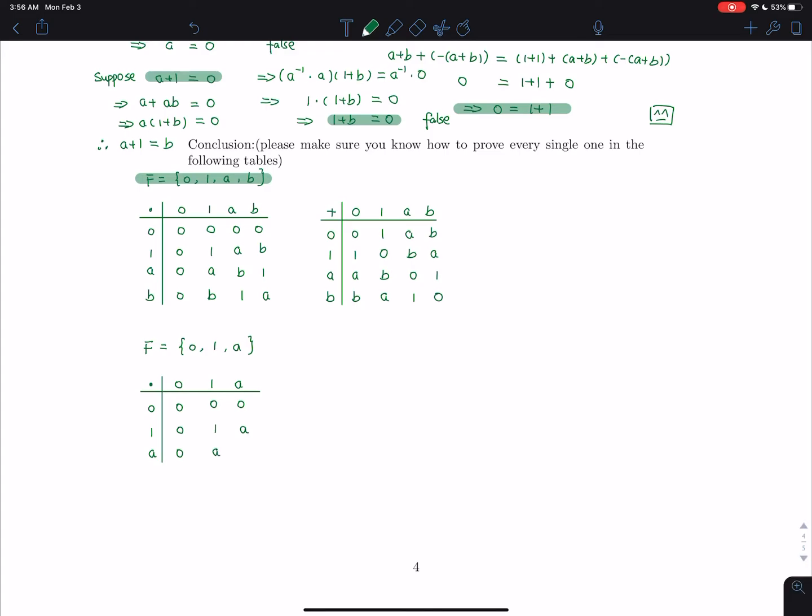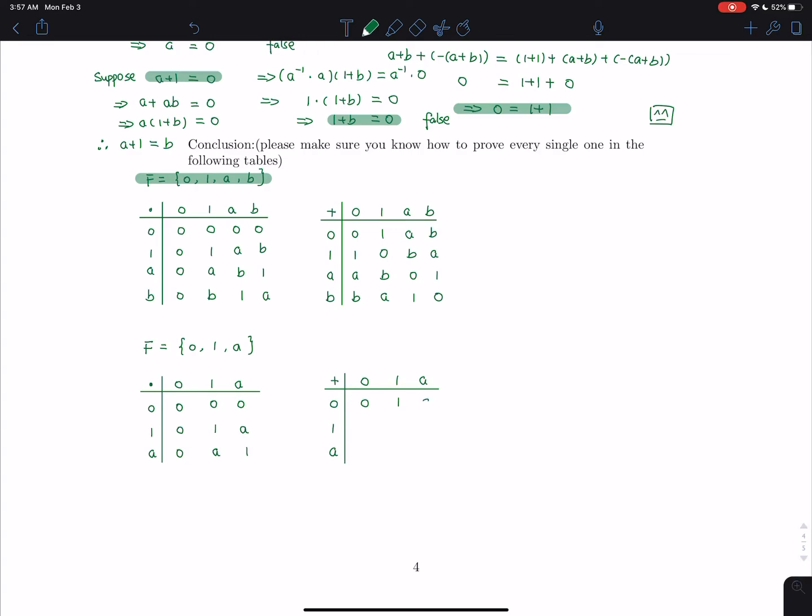Okay. And the last one should be 1. Just play Sudoku again. Now addition. Addition is usually harder than multiplication. Still, this one is much easier than 4 elements.